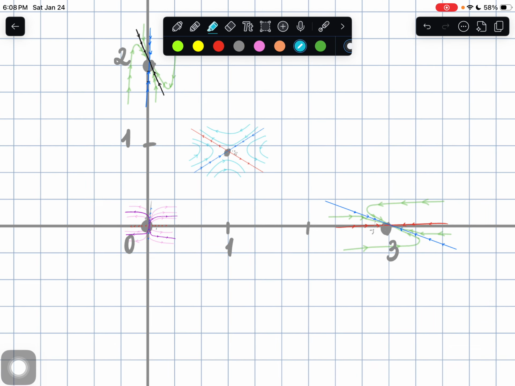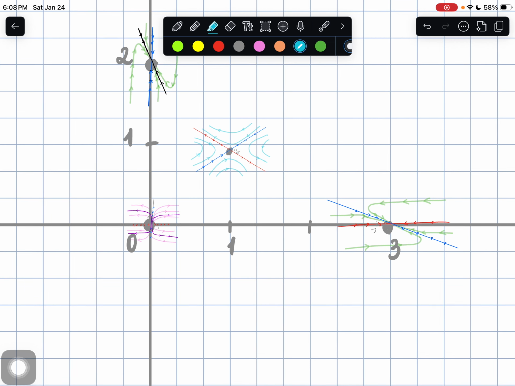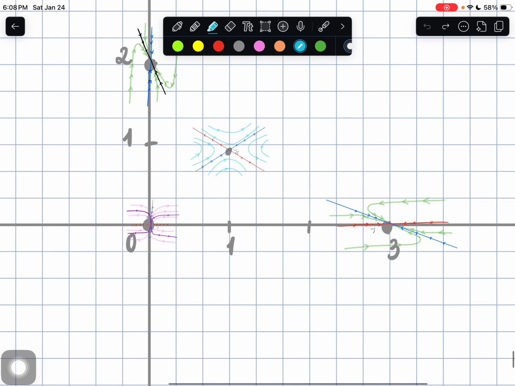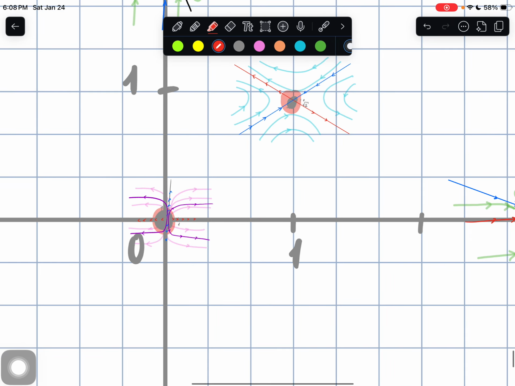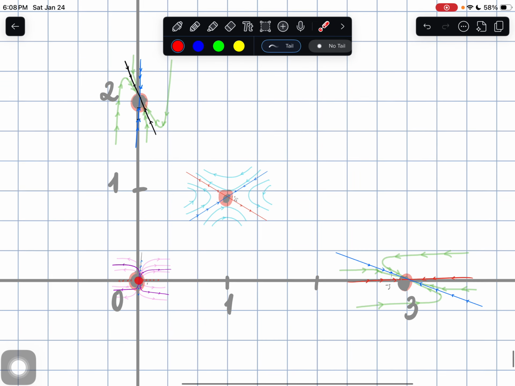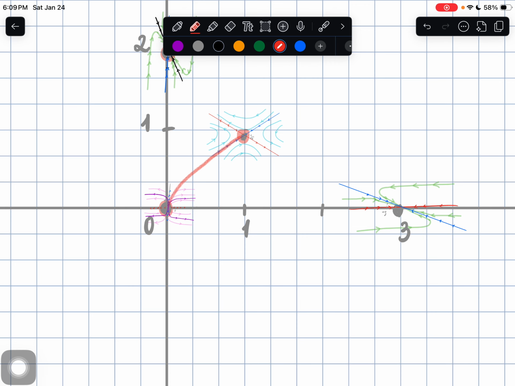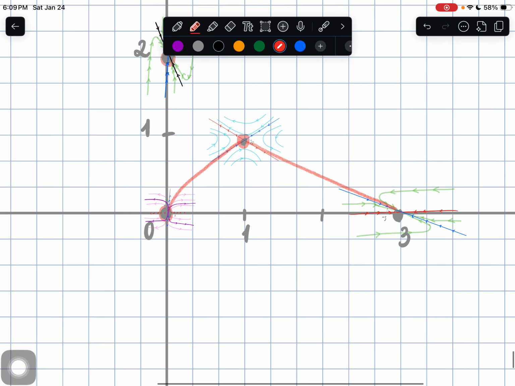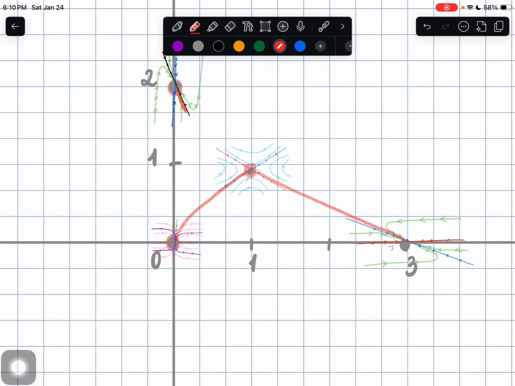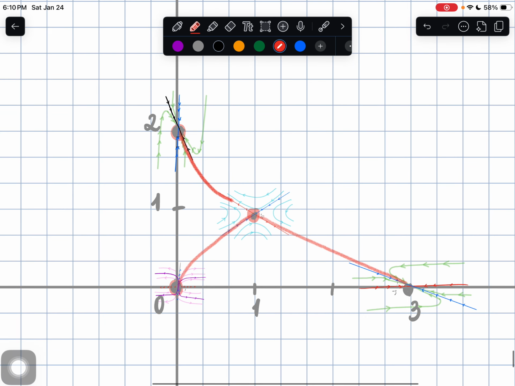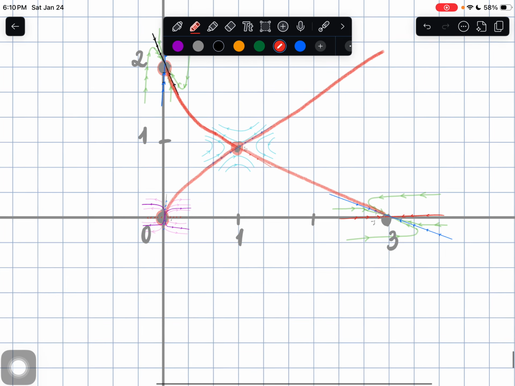Now let's look at this. If we start from here, the 4 critical points correspond to 4 equilibrium points. If you are not at these 4 points, you will move along over time.